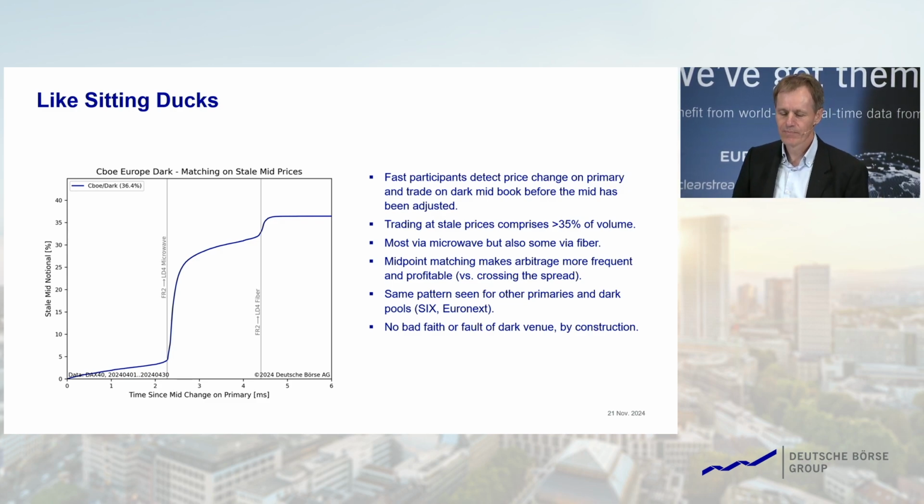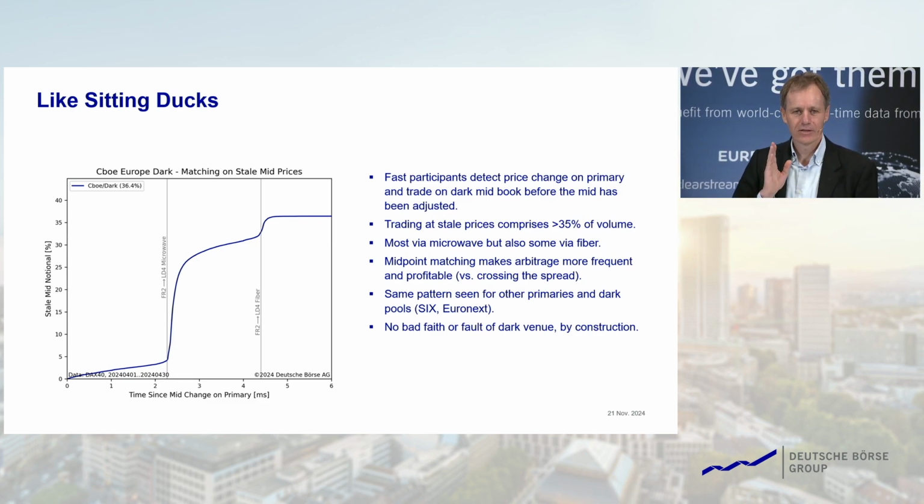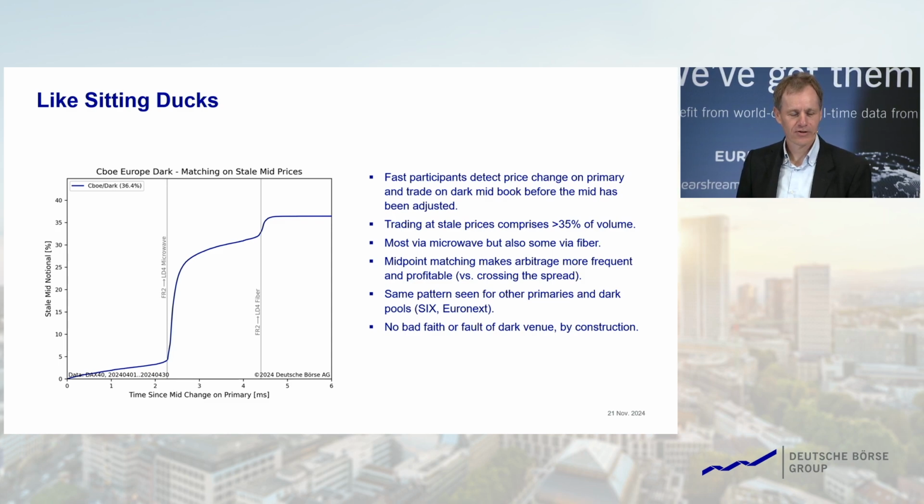So in this chart here, the horizontal axis is time since a mid change on Xetra. So for a given stock at t = 0, the mid on Xetra changes, and then the blue line is the fraction of volume that trades on the dark pool after a given latency.